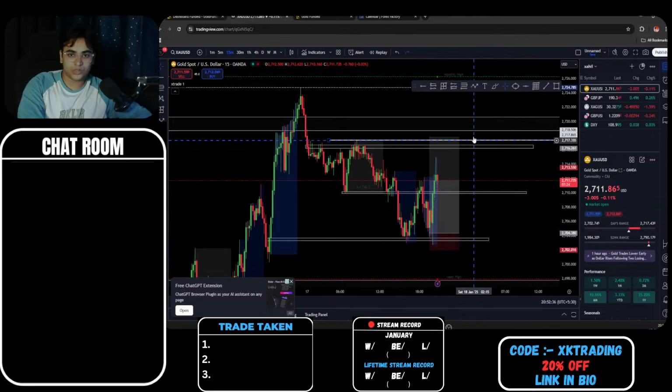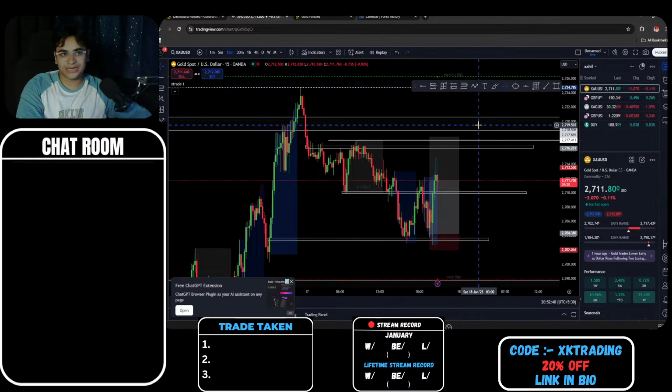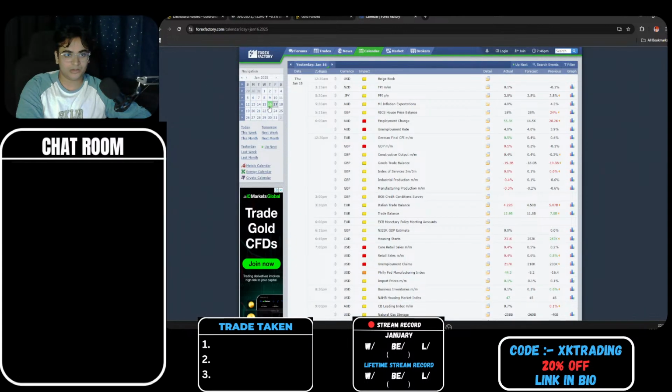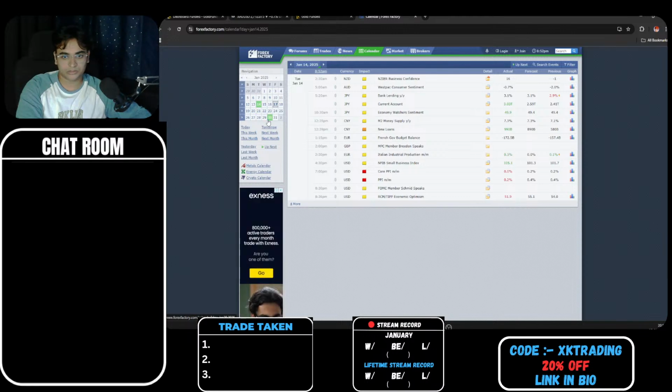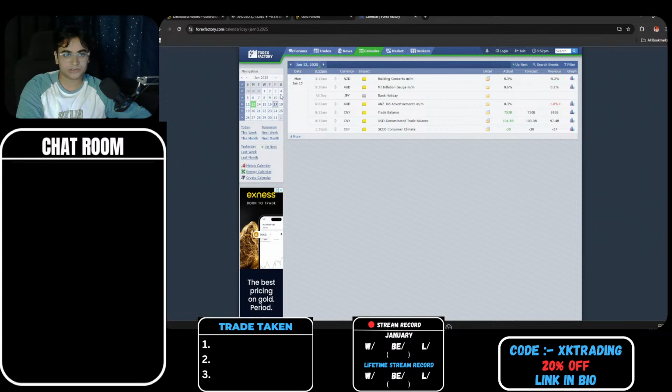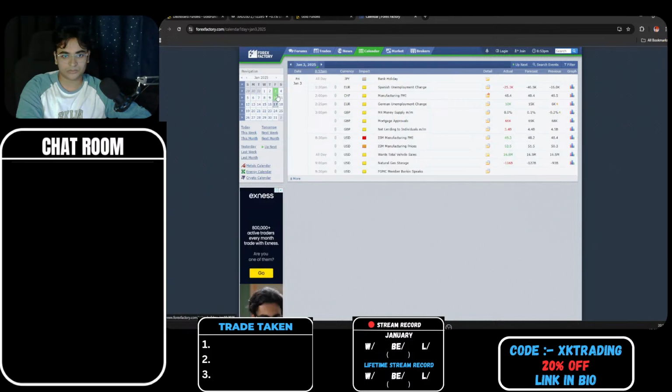Also, I think once we tap into 2720 or 19, for the next week, keep in mind the fundamentals that we had on NFP. Before that, we had a whole week which was pretty bad for fundamentals, but at the start of Friday, on the 3rd, we had good data for USD.